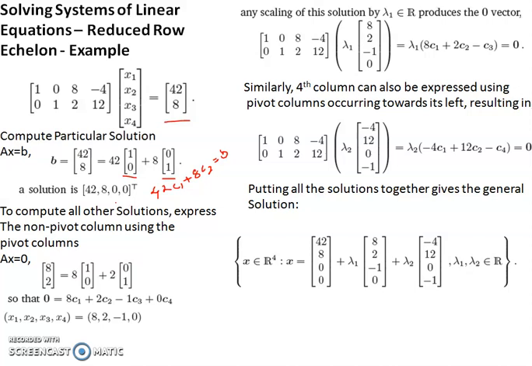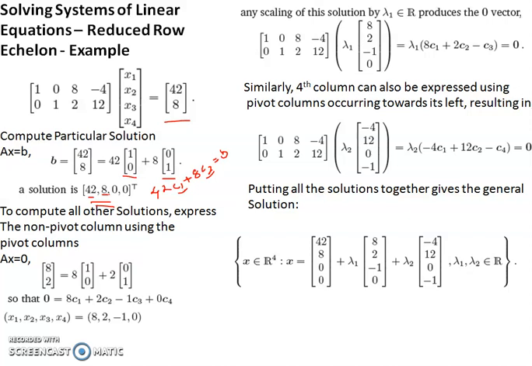So the solution that can be formed from this is, we take the indices of C1 and C2. The C1 column represents the x1 variable, and the C2 column represents the x2 variable. So for x1 we can take the value 42, the index of C1, and for x2 the value 8, the index of C2.